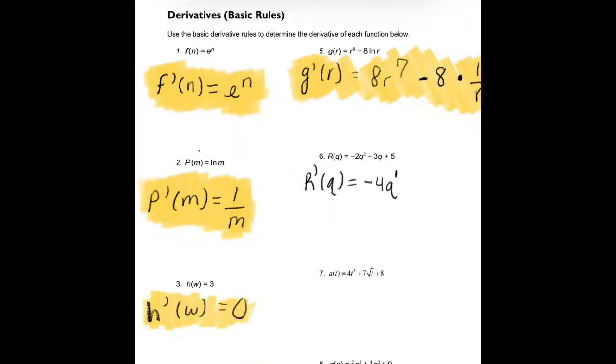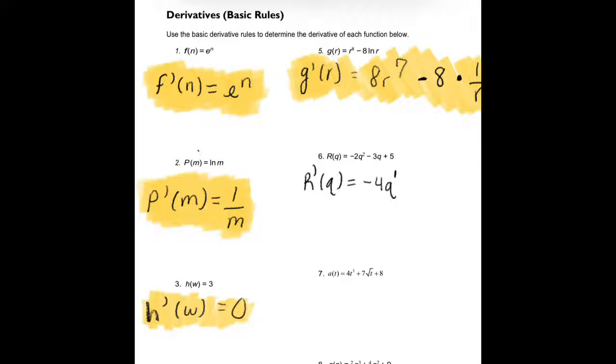Now, our next term is going to be minus 3q. Well, once again, using the power rule, 1 minus 1 equals 0. So we have minus 3. And here, for the plus 5, that's just a constant. It would technically be plus 0, but we don't have to put that in there because it doesn't make a difference in our answer.